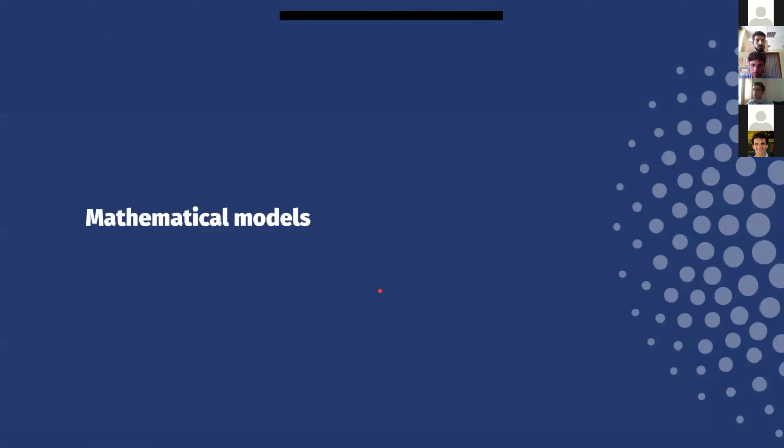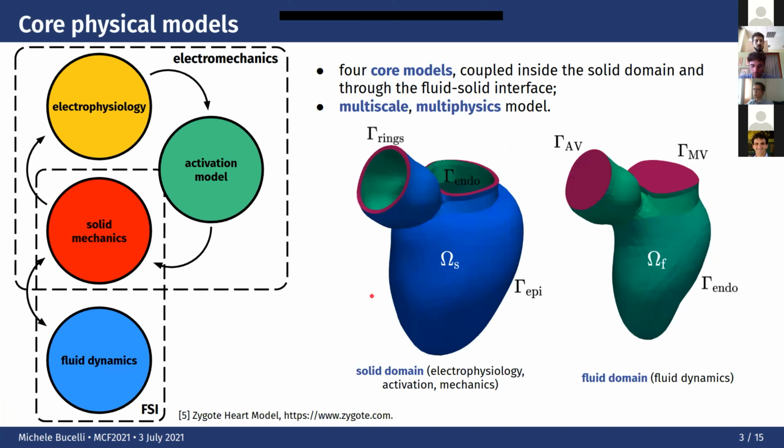So the first part of my presentation will describe the model. This here is a general perspective. We can see the model as composed of four major building blocks. We will refer to them as core models. They are electrophysiology, activation, solid mechanics, so the displacement of the muscle, and fluid dynamics.